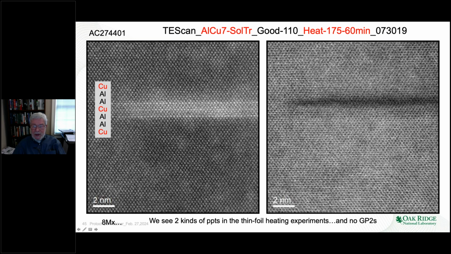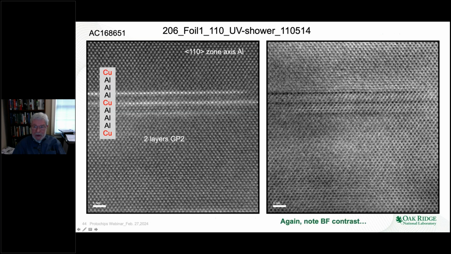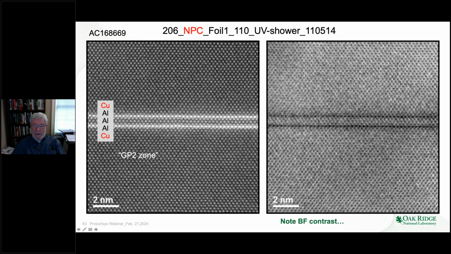And you can see the difference in the bright field image that you get simultaneously. It shows this kind of contrast, whereas this is the bright field contrast on a GP2 zone. That's a true GP2 zone from the bulk alloy.